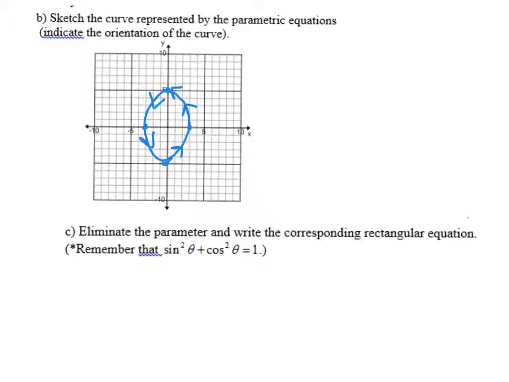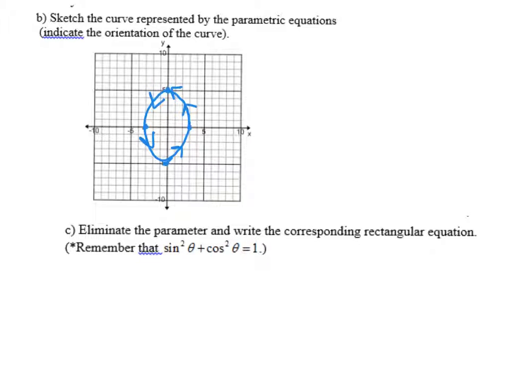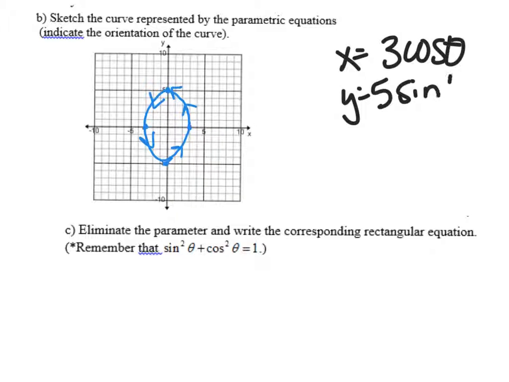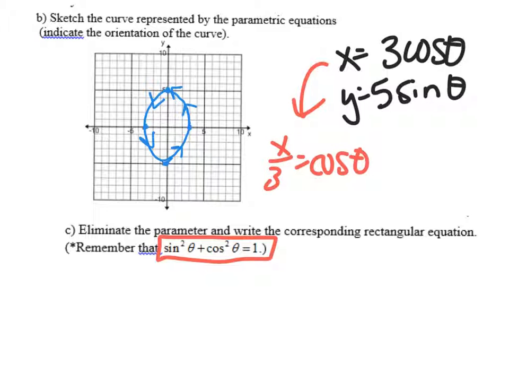So if I want to eliminate the parameter, our two equations were x equals 3 cosine theta and y equals 5 sine theta. Now you can probably do it from the graph, but you might get more complicated ones on your homework, so I would just make sure to do it with your trig knowledge. You need to remember that sine squared plus cosine squared equals 1. Remember I told you that you would never get away from that. So in this case, my x over 3 equals cosine, and my y over 5 equals my sine.